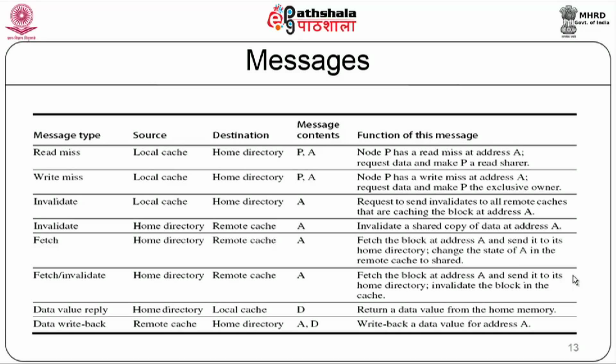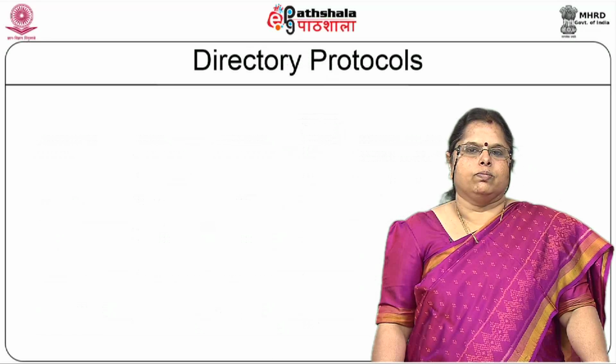And remember that the node that puts in the request is called the local node. The one that is holding the directory information is called the home node, and a third node which holds this information either in the cache shared state or an exclusive state or modified state is called the remote node.